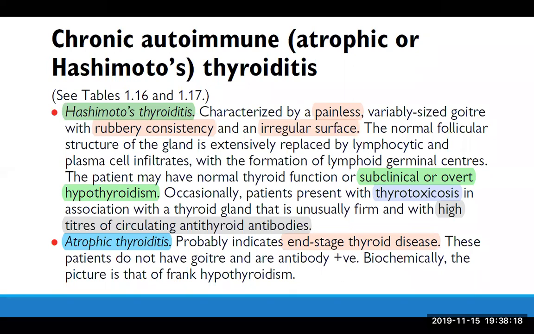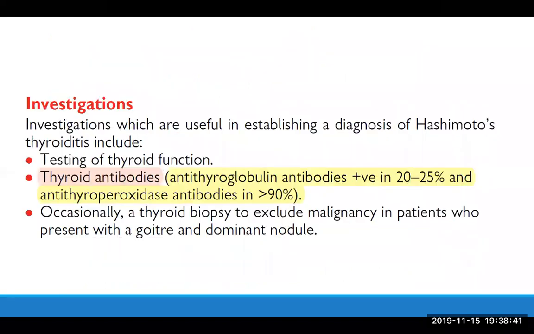As we know, most thyroiditis, destructive thyroiditis, may be presented by leakage of thyroid hormone, so it can cause thyrotoxicosis, and the manifestation of thyrotoxicosis actually is mild and of short duration. And of course, anti-TPO, as we said, is positive. Atrophic thyroiditis is end-stage thyroid disease, and of course, the thyroid gland is not enlarged.